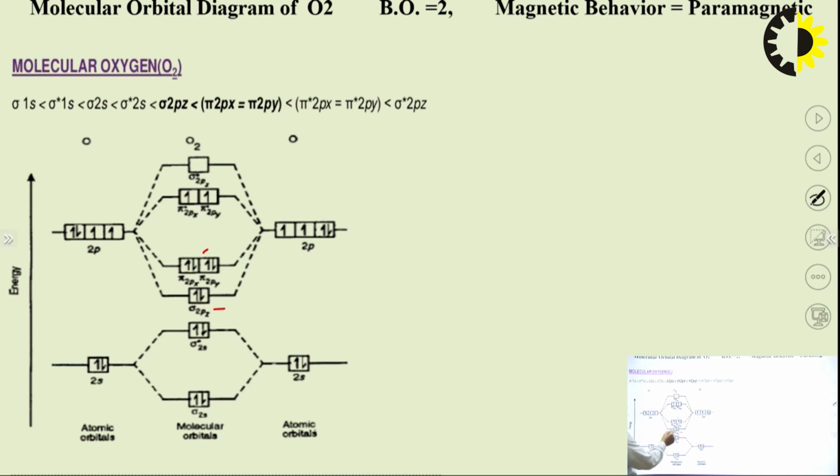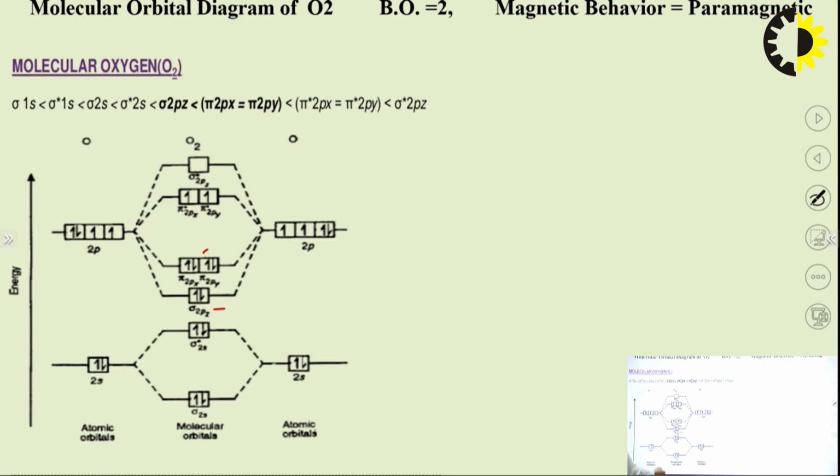In nitrogen, electrons first go in the pi orbital and then the sigma orbital, meaning the energy of the sigma orbital becomes higher due to sp mixing, while for oxygen sp mixing is reduced or no sp mixing occurs. Hence the energy of the pi orbital will increase.